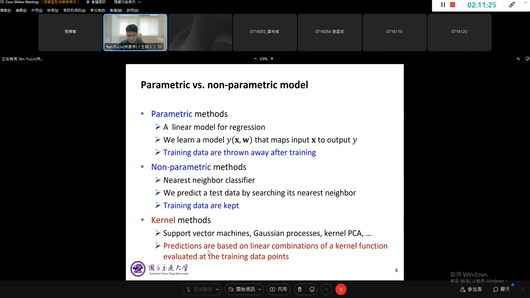So the prediction is in the form of a linear combination of the outputs of the kernel function. Okay, so please remember this sentence. I'm going to specify the details later.